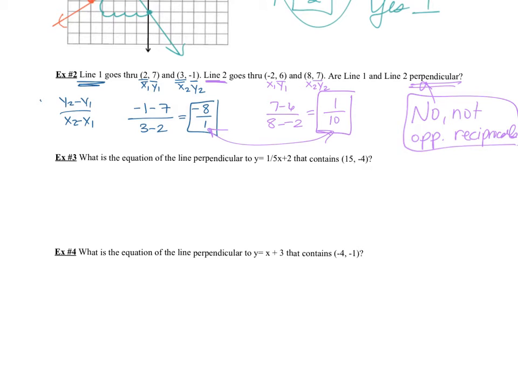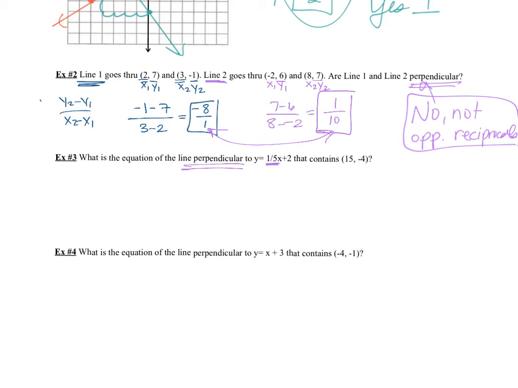Okay, so your next thing is they're going to ask you to write an equation for a line that's perpendicular. In the last lesson, in 3A, we wrote an equation for a line that was parallel. This is exactly the same thing with one extra step. If it was parallel, we would have said the slope should be 1/5.